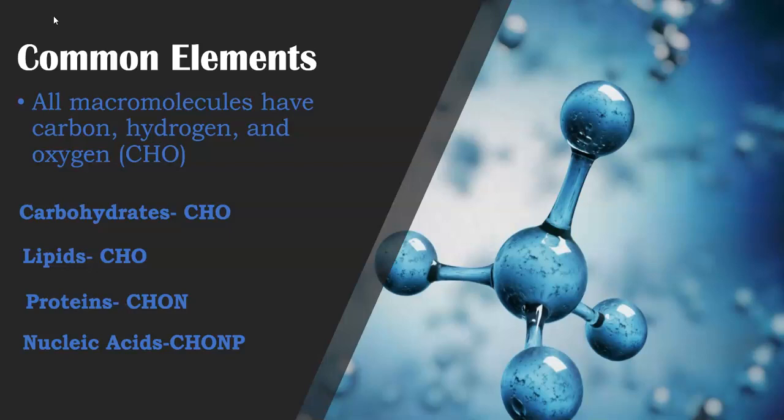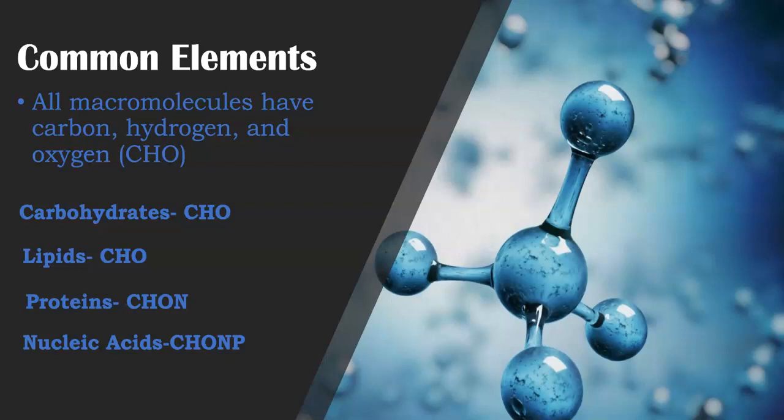So the basic makeup of the macromolecules sounds like CHO, CHO, CHON, CHOMP. And again, credit to the Amoeba Sisters for those abbreviations. Sometimes macromolecules will have additional atoms like sulfur, but this CHO, CHO, CHON, CHOMP shows you the elements that are always going to be there.